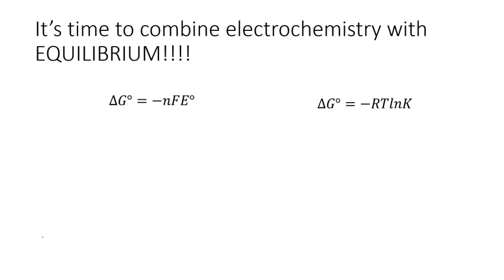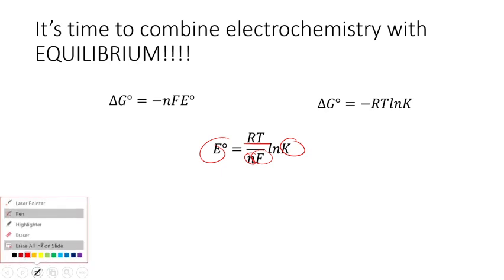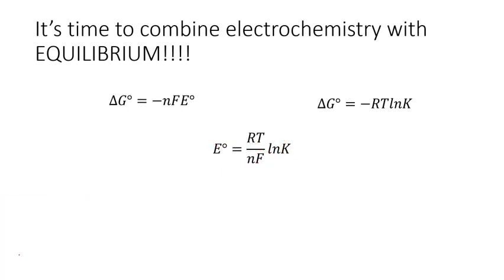And when we put these two together, we get a lovely equation that equates cell potential to the equilibrium constant using the ideal gas constant, temperature, moles of electrons, and Faraday's constant, all times the natural log of the equilibrium constant.